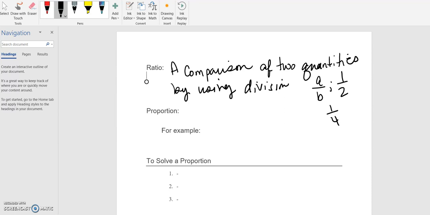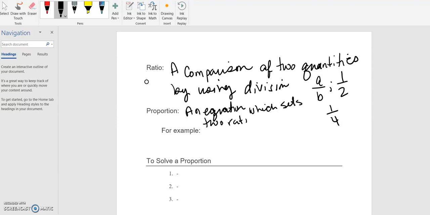A proportion, on the other hand, is an equation. It's an equation which sets two ratios as equal.